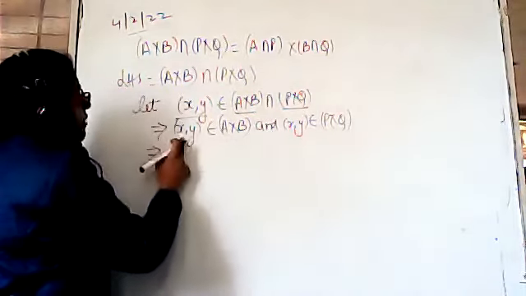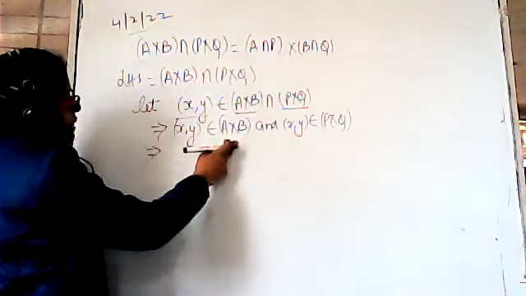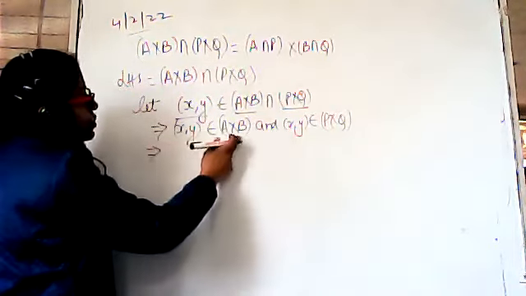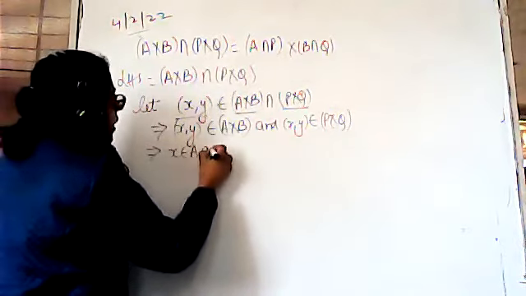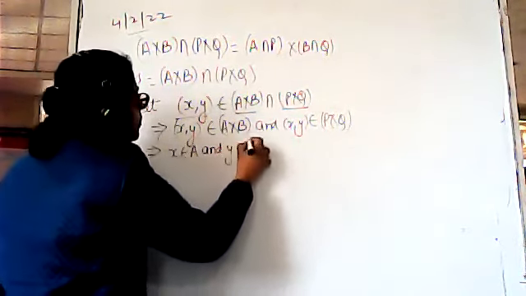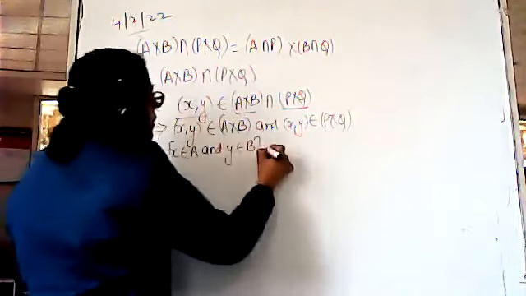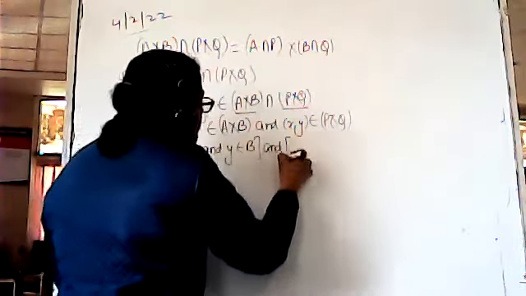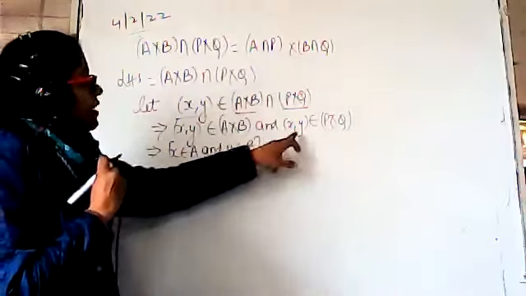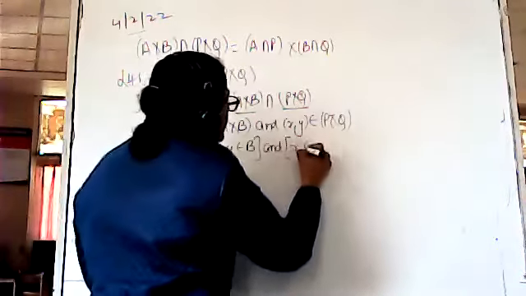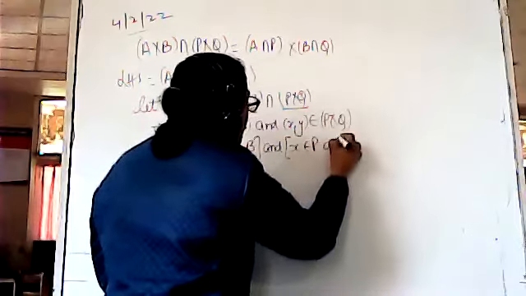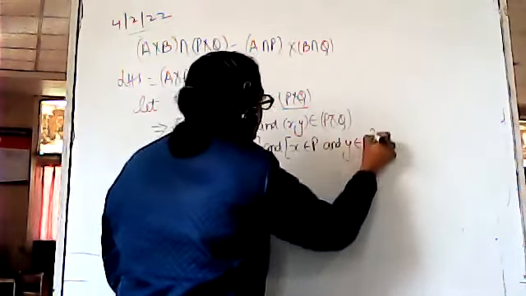Now, the definition of Cartesian product of two sets: if xy belongs to A cross B, what does this imply? That x belongs to A and y belongs to B. This and will remain as it is. Similarly, xy belongs to P cross Q means x belongs to P and y belongs to Q.